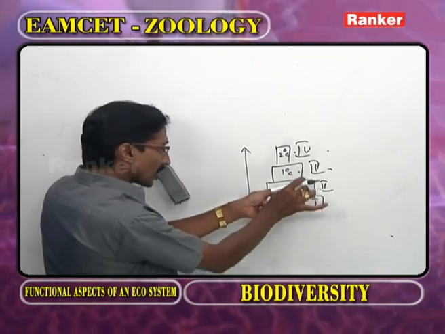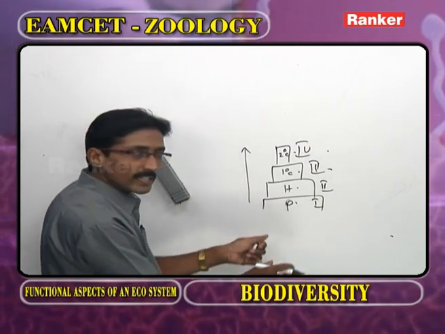As trophic level increases, the number decreases.